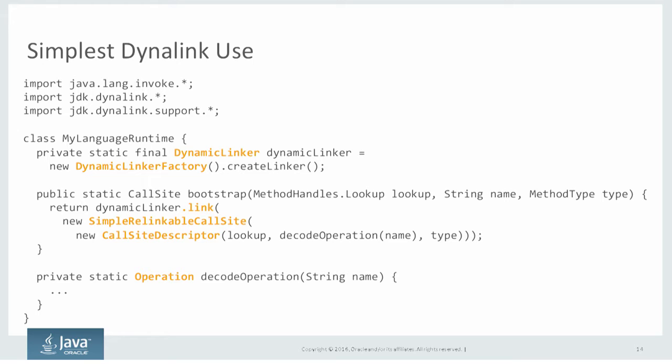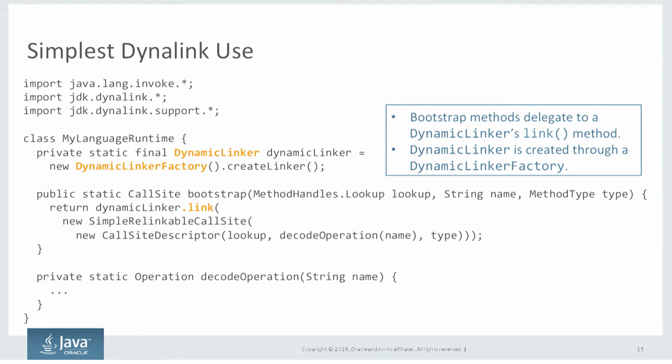It's just part of the runtime, of course, and the details of the decode operation method are left out on purpose, because that's not what we are about here. This is rather about the bits and pieces of the Dynalink framework that are at use. I will now look at each of the highlighted elements here.